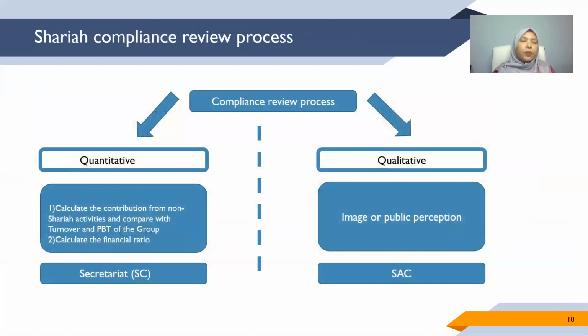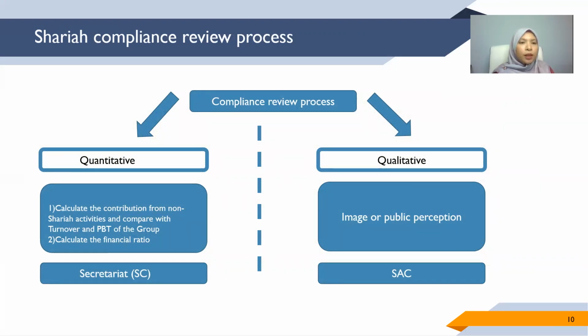Okay, then we move to the next topic, which is the Sharia compliance review process, which consists of two processes. The first one is qualitative and the second one is quantitative. Qualitative is based on the image or the public perception, and it is conducted by the SAC.